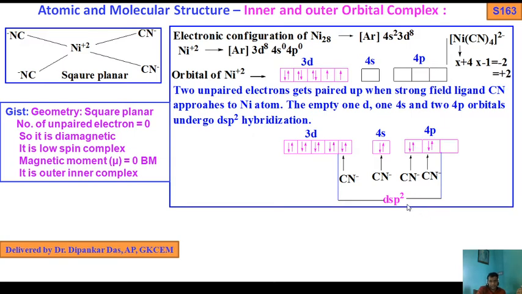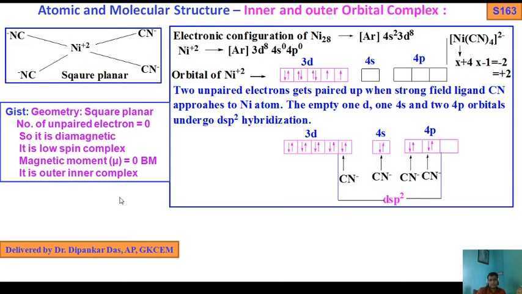dsp2 hybridization gives a square planar complex. So Ni(CN)4 is a square planar complex. The geometry is square planar. The number of unpaired electrons is 0, because all electrons are paired up; the 2 unpaired electrons become paired due to the presence of the strong field ligand CN. So it is diamagnetic, a low spin complex, with magnetic moment 0.